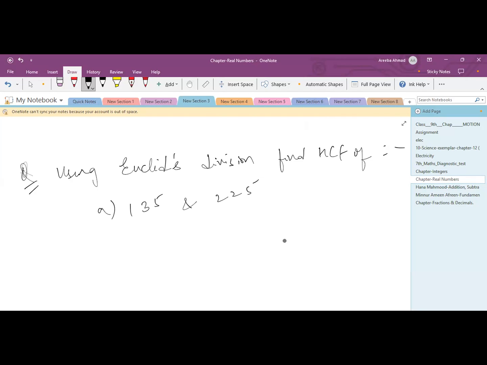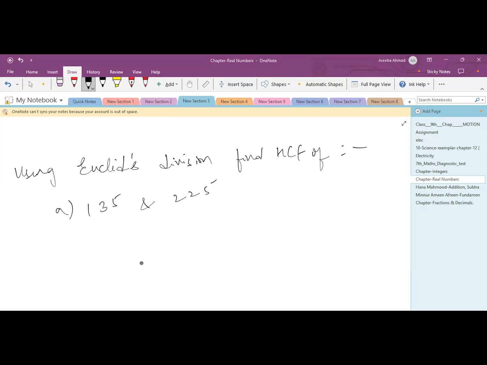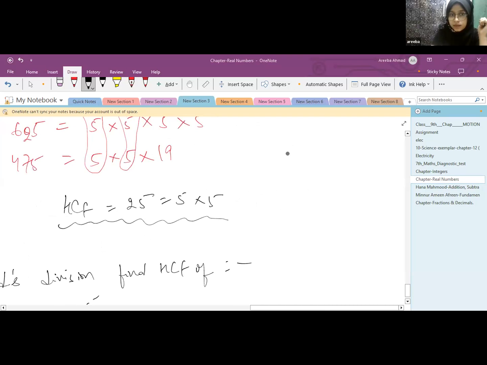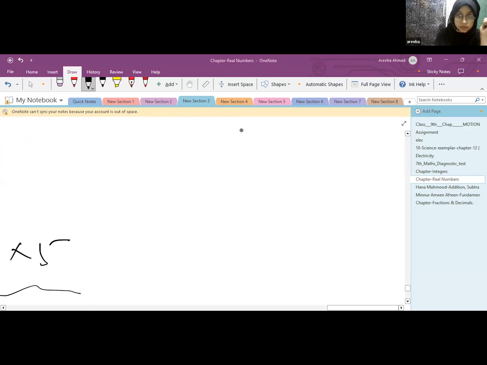Do you know how to apply Euclid's division lemma? Teacher, we don't know what that is. Acha. Okay. So Euclid's division lemma basically says that if I am having two numbers, the bigger number a equals b into q plus r.